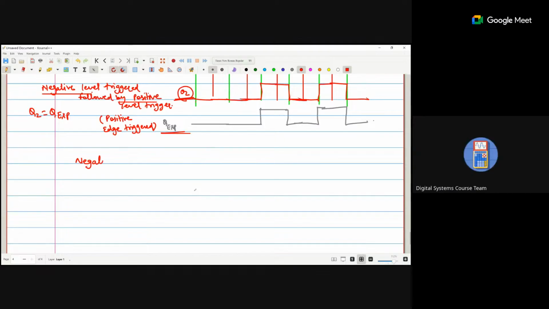No, sir. Negative level triggered, then positive level triggered is equal to positive edge trigger.